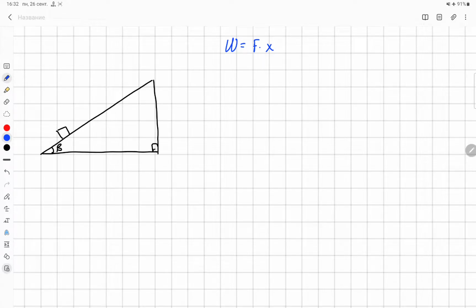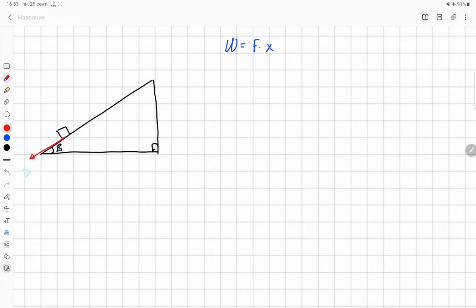So first of all, let's draw our friction force. Friction force is a vector, so direction is very important. This object is moving upward, so friction force will be directed in this direction.